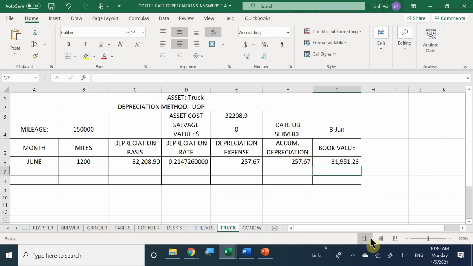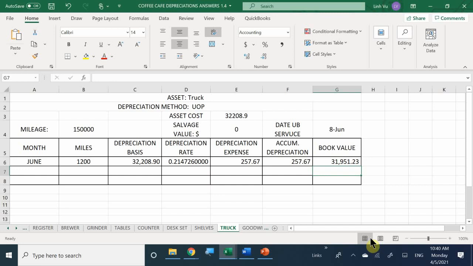So your book value now should be reflecting as $31,951.23. Okay, because you used already 1,200 miles. So if you were to sell the truck or return it back to the place, you should at least get something close to $30,000 because you didn't really use it that much.